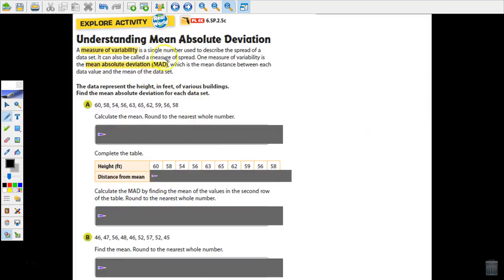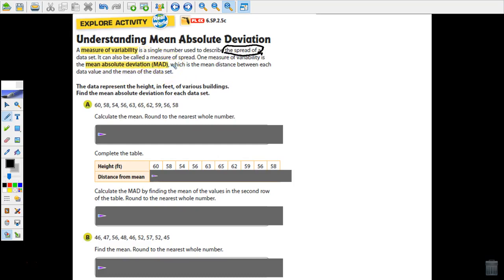Here we are, understanding mean absolute deviation. A measure of variability is a single number used to describe the spread of a data set. Okay? The spread of a data set. It can also be called a measure of spread.